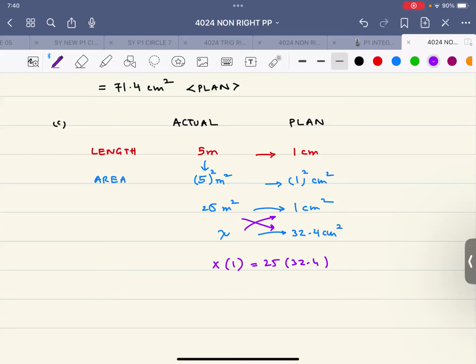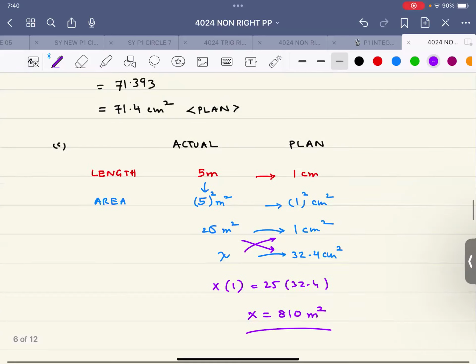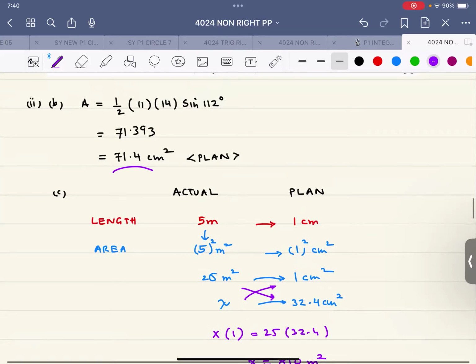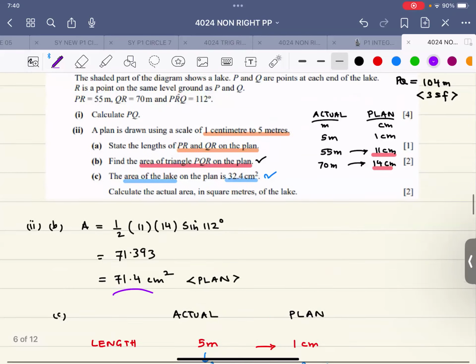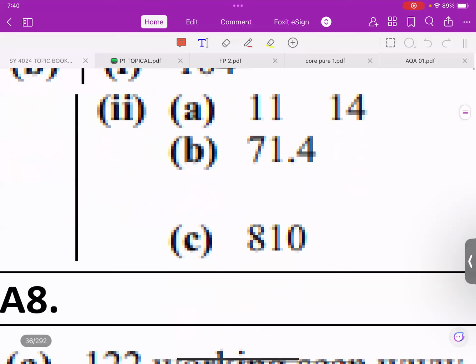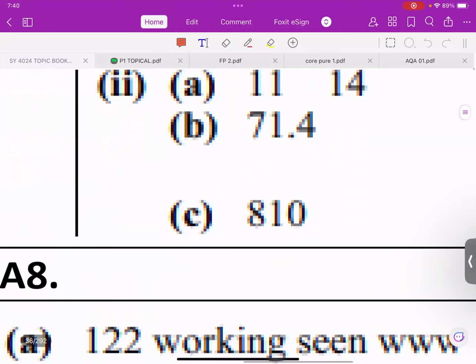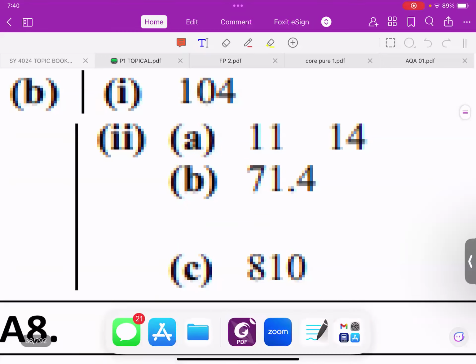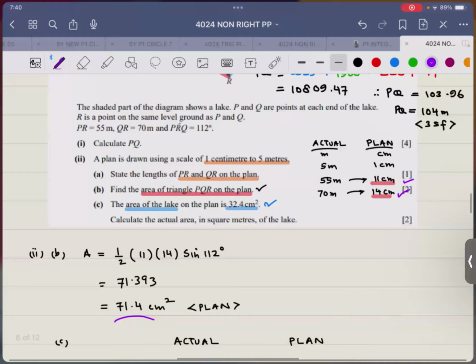So 25 into 32.4 comes out to be 810. And what is the unit? Meter square. So now let's double check. This is 810, this is 71.4, this is 11, and this is 14. So over here we have 11, 14, 71.4, and 810. So all got correct. Okay, now this question is done.